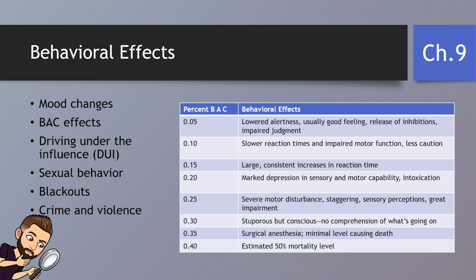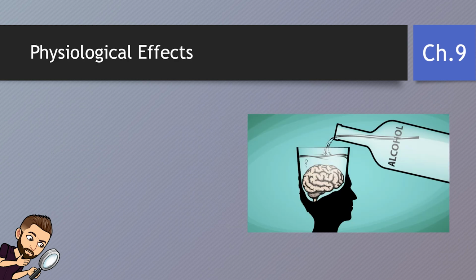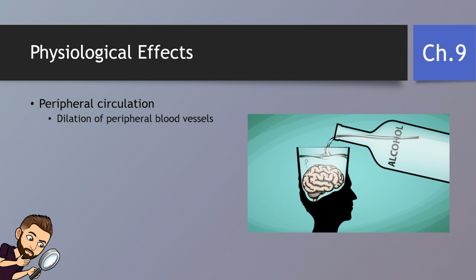All right, so let's shift now into the physiological effects and talk about not just behaviorally what it does, but what it is actually doing to the body itself. First off, we have some effects on peripheral circulation. Generally, alcohol acts on the body to produce dilation of peripheral blood vessels.